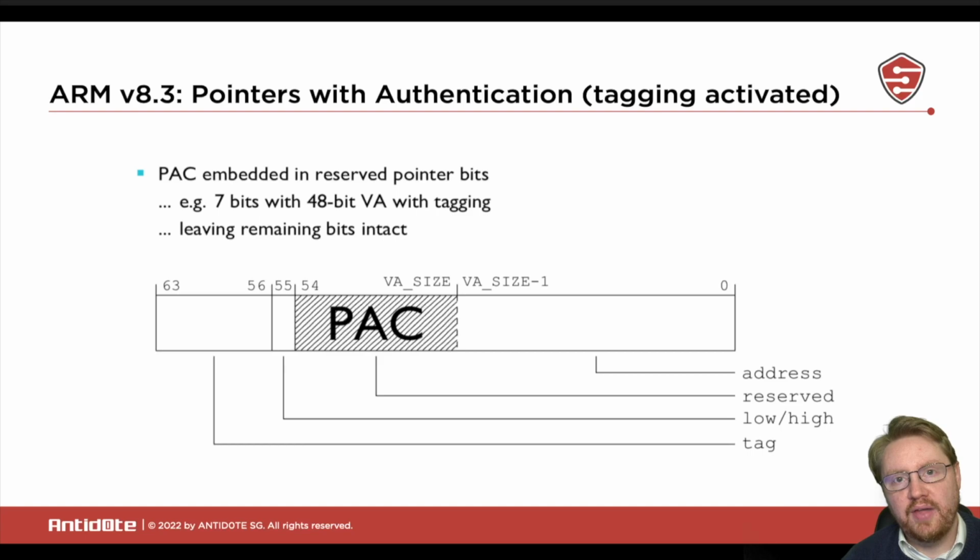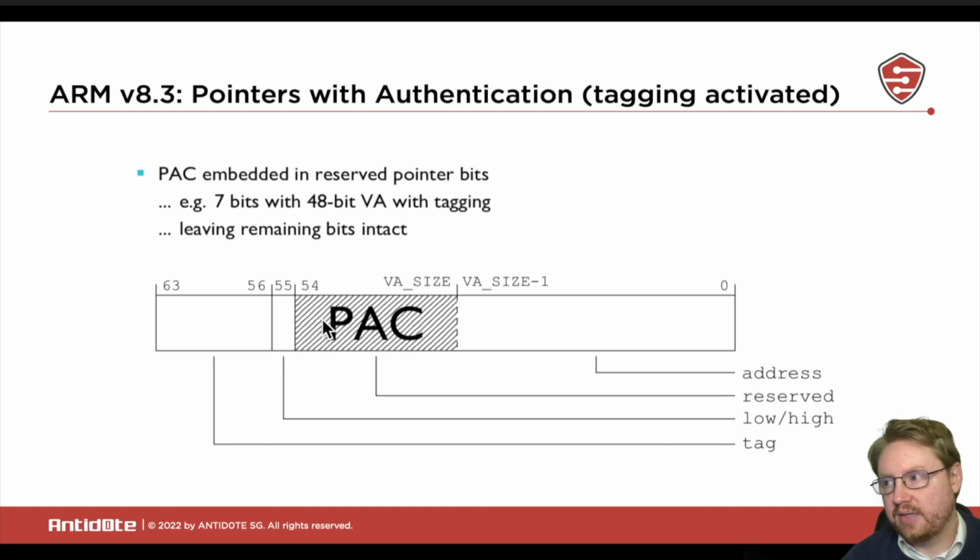So now let's say we have calculated the PAC. Now we can revisit our pointer with the unused bits. Inside the memory configuration, you can ensure whether a pointer is so-called tagged or not. When the pointer is tagged, then the upper byte here is used for memory tagging, and in this case it is already used by the system.